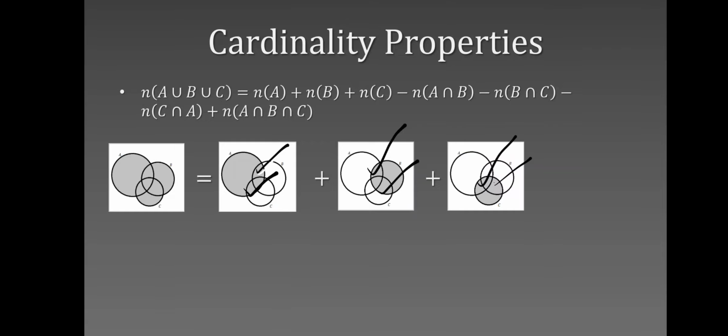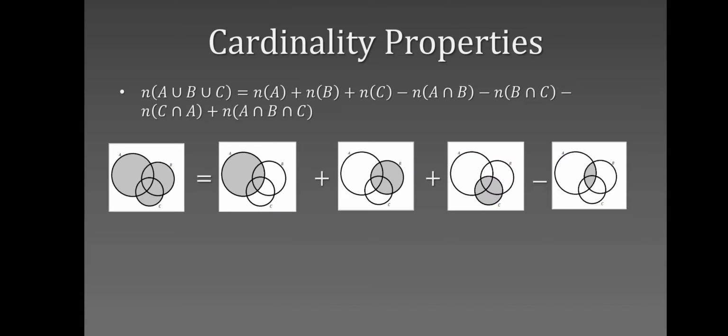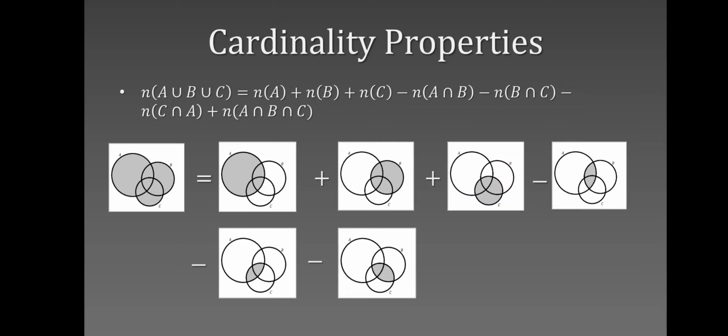When I am adding each and every single set once, I am actually adding their intersection twice. So I must subtract the intersection once. Therefore I must subtract A intersection B once, then B intersection C once, then A intersection C, so I must subtract all these 3 intersections once.